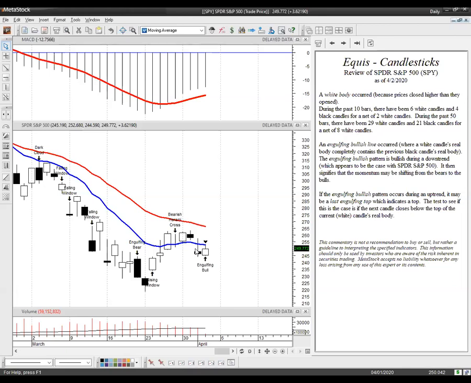To be frank, we've spent the last 32 years designing and adding features to Metastock.